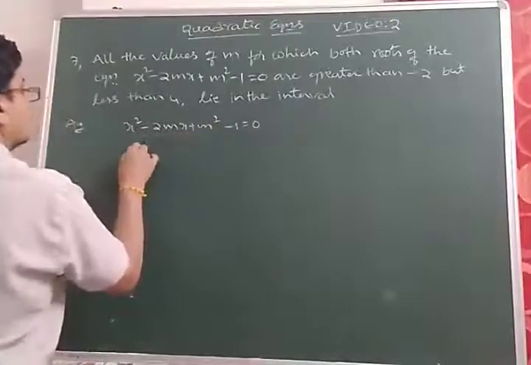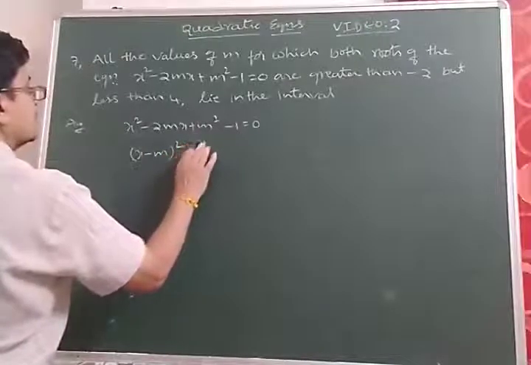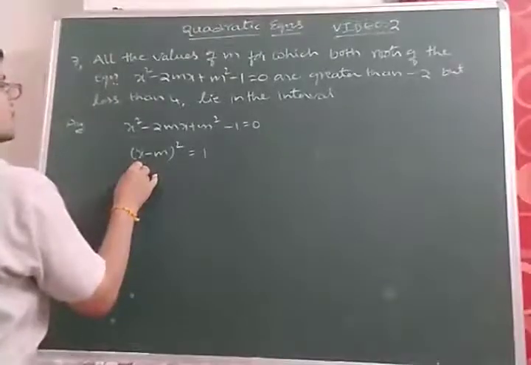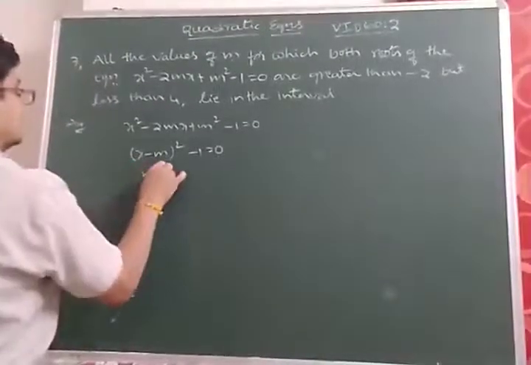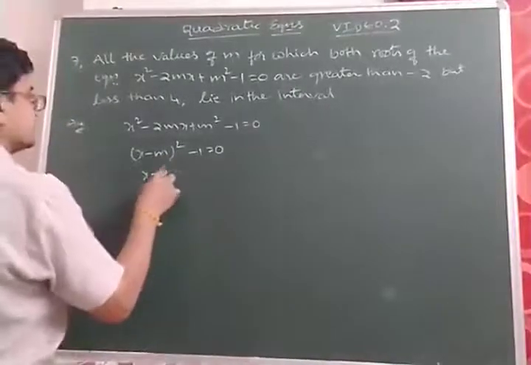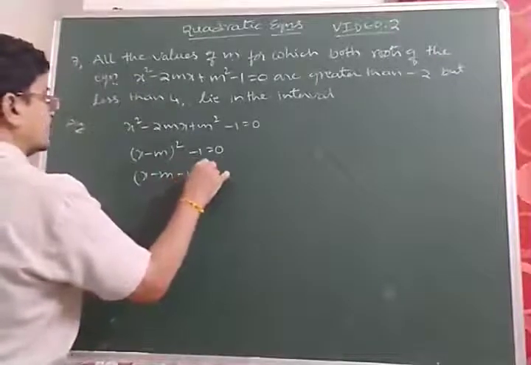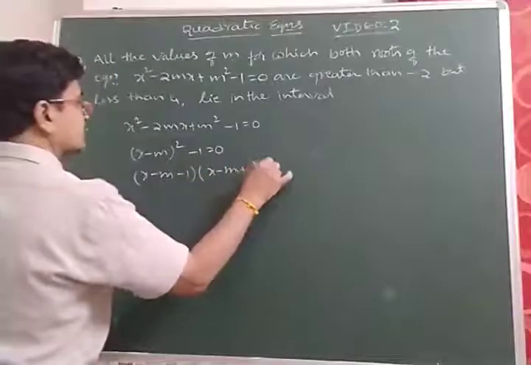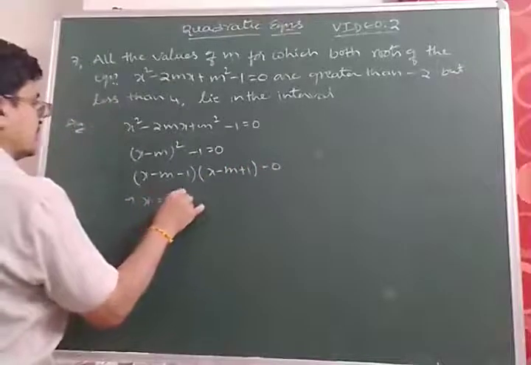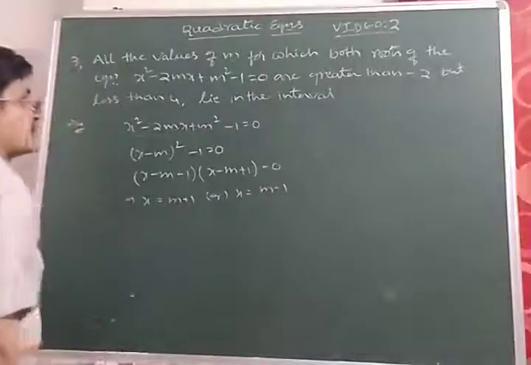Now this can be written as x minus m whole square minus 1, that is equal to 1. x minus m minus 1 into x minus m plus 1 is equal to 0. That implies x is equal to m plus 1 or x is equal to m minus 1.